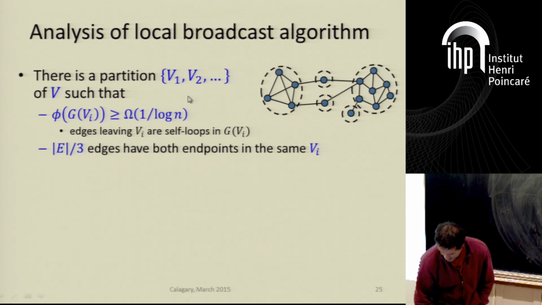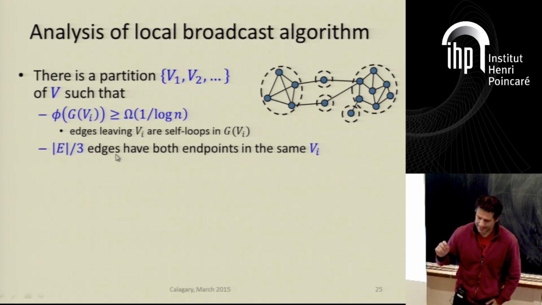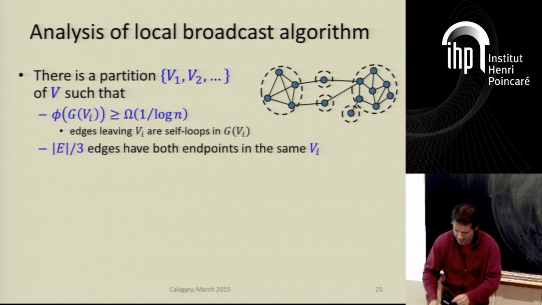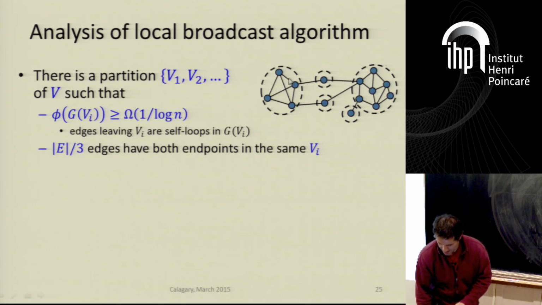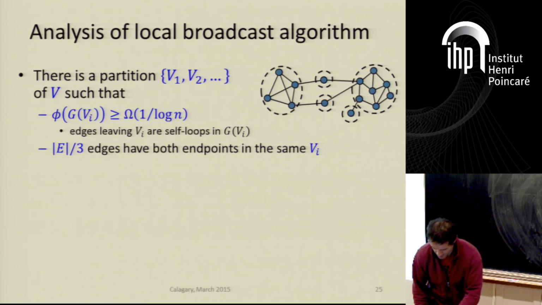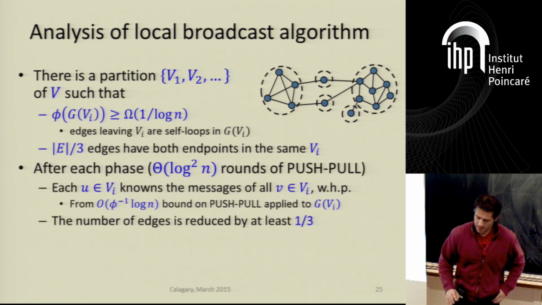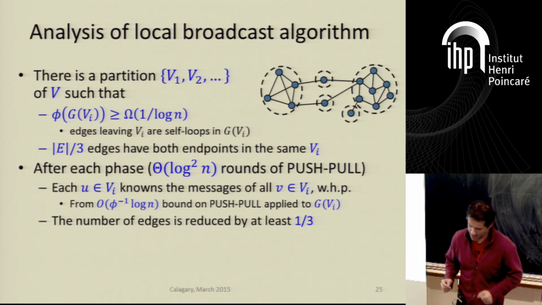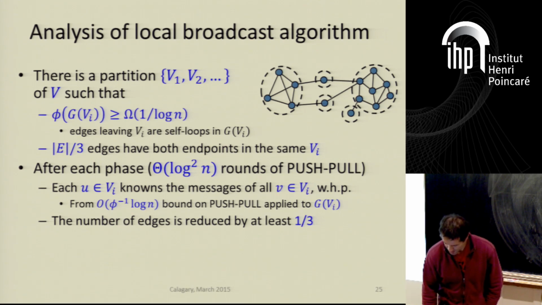The second says that at least 1/3 of all edges have both endpoints in the same set V_i. Using this lemma, after each phase, so after these log square n rounds, each node U knows the messages of all the other nodes in the same component.